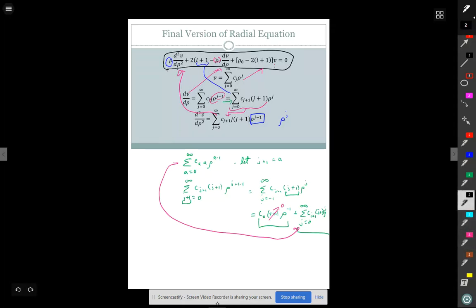So writing it out, I have rho, sum over j equals 0 to infinity.